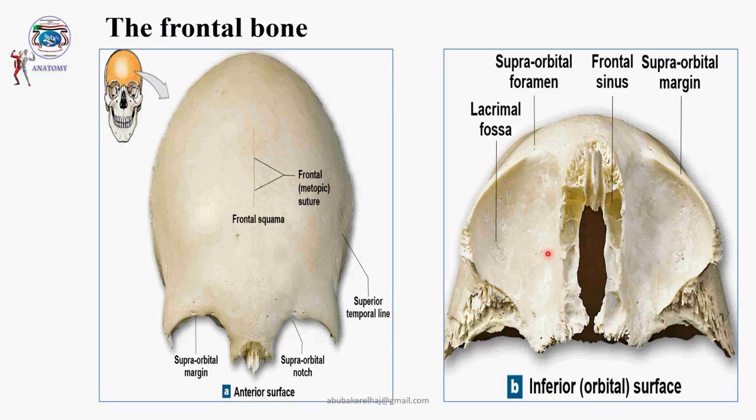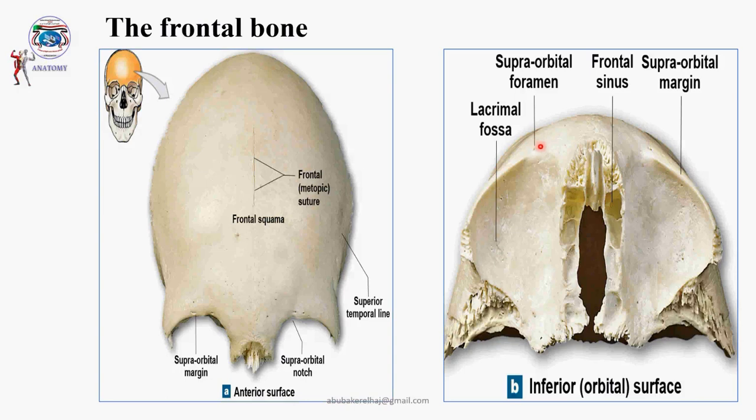Then from the inferior view you can see this depression which relates to the roof of the orbit, and in the roof of the orbit along the lateral aspect we have this fossa which is called the lacrimal fossa for the lacrimal gland.